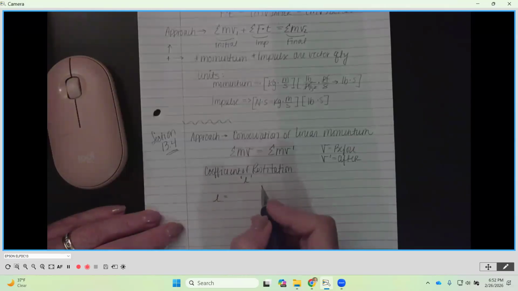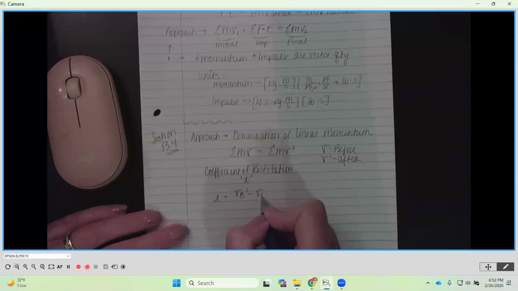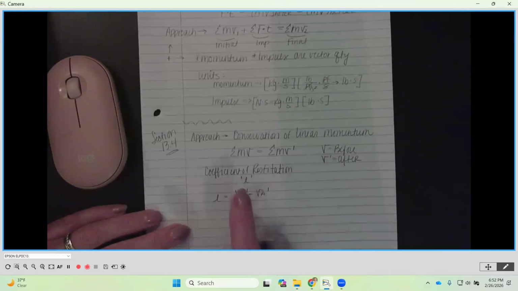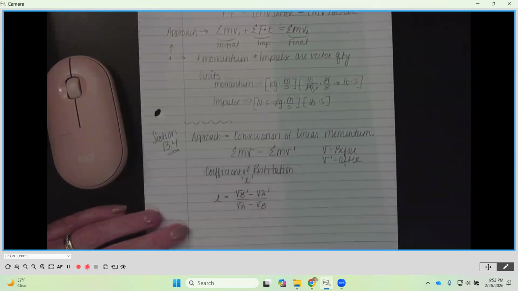And e is going to be calculated using the velocity B prime, and this would be like a second body, like body A, body B, or ball A, ball B, as we saw earlier in the illustration, minus velocity of A prime. Now, because these are primes, these are going to be the after effects of a collision. So those are going to be on top in this equation, divided by velocity A minus velocity B. Okay. And these are going to be the befores.